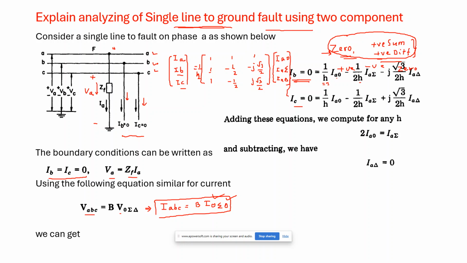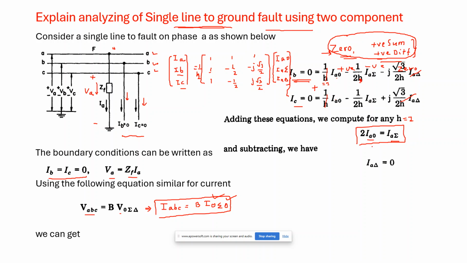Now, if you add these two equations, IB plus IC, with H taken as 1 as I already told, we can see that it is 2 IA naught, and these two are also added. So 1 by 2H, half and half, becomes 1, and we get this IA sum, and this IA delta gets cancelled because of positive and negative. So we get this one equation.